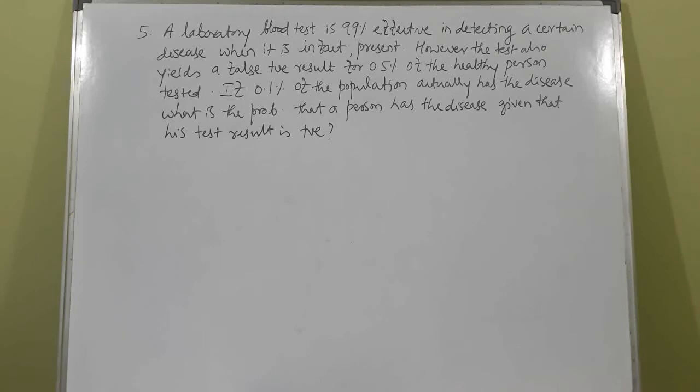However, the test also yields a false positive result for 0.5% of the healthy persons tested. Okay, if 0.1% of the population actually has the disease, what is the probability that a person has the disease given that his result is positive?